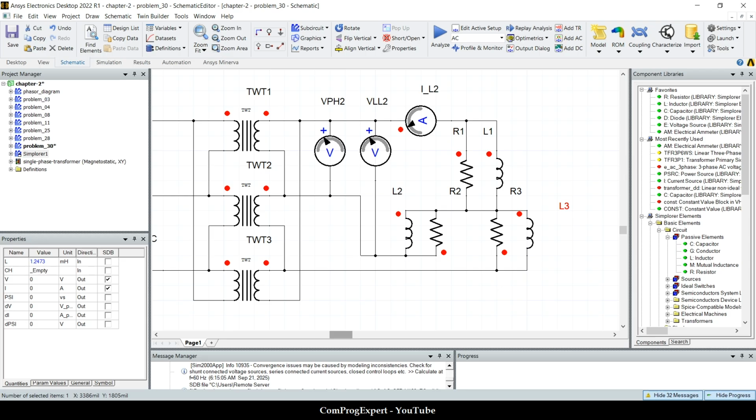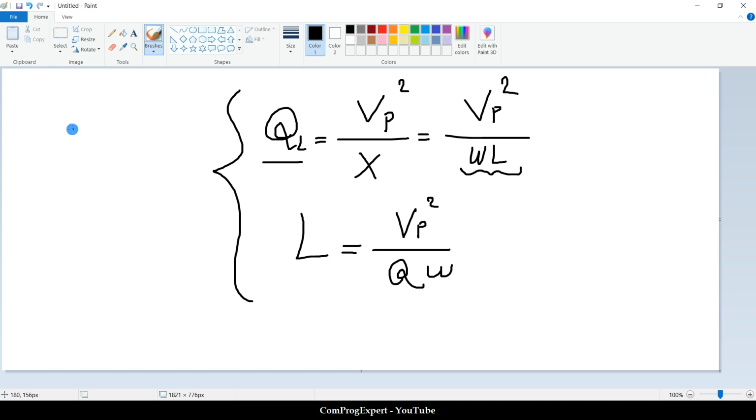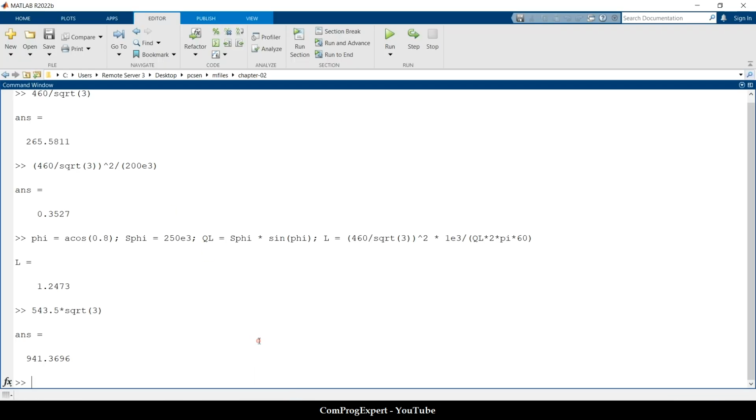So what is the value of the phase voltage here? Here the secondary side is delta. The load is a star. Okay, the load is a star. So like before, the value of the resistance is V phase to the power 2 divided by the power loss by the resistor.